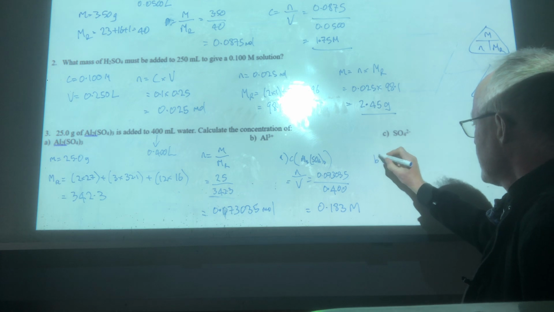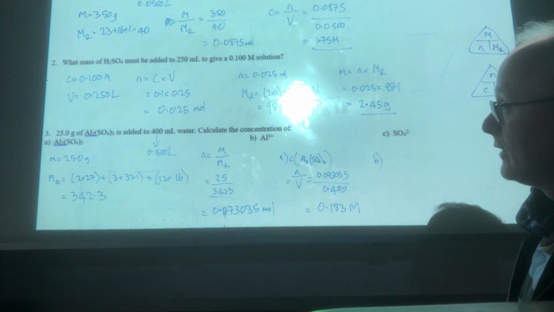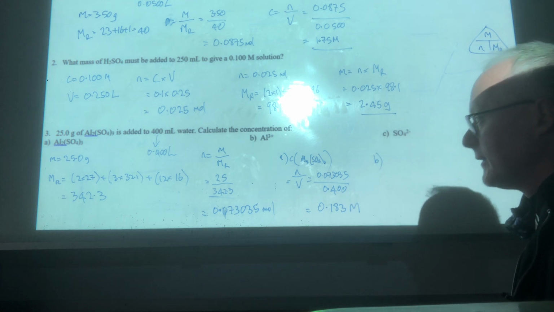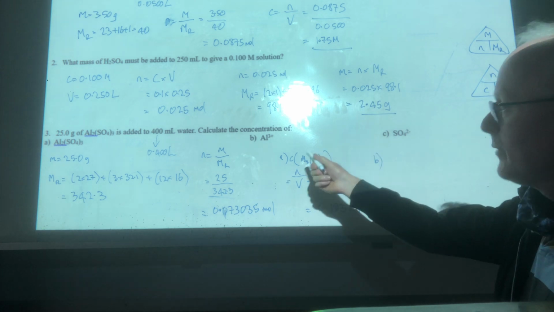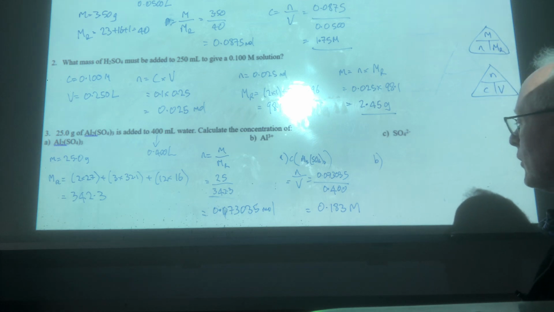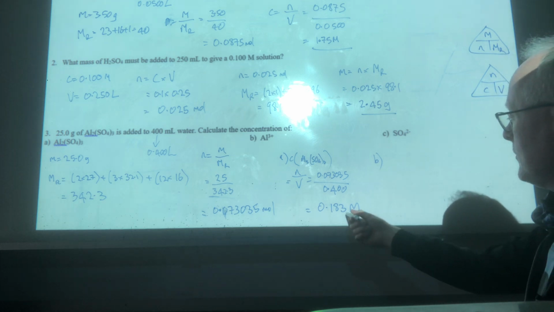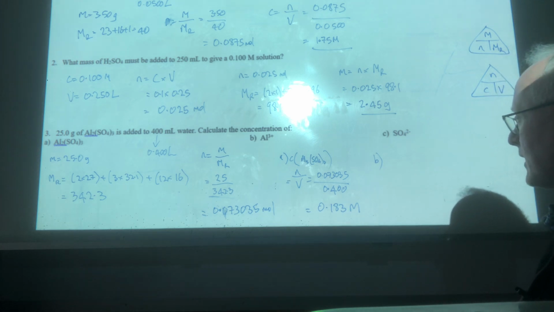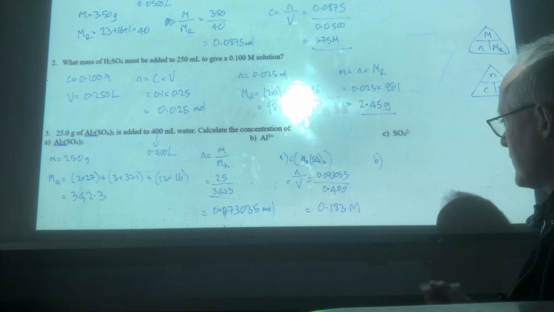B and C are asking us for the various ions that make up aluminium sulfate. Now we see there are 2 aluminiums in every aluminium sulfate, twice as many aluminiums as we've got of the whole thing. So that means the concentration of aluminiums is going to be twice the concentration of the whole thing.